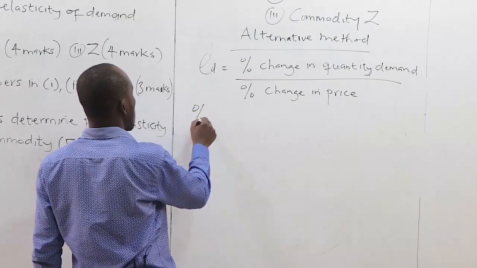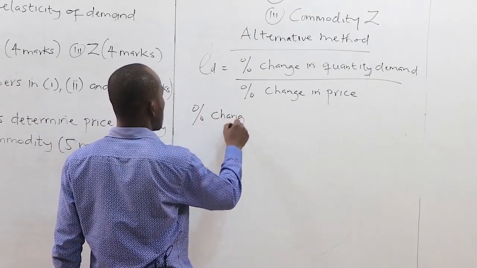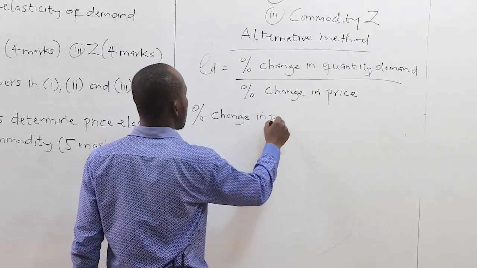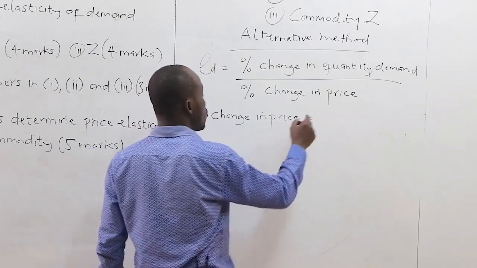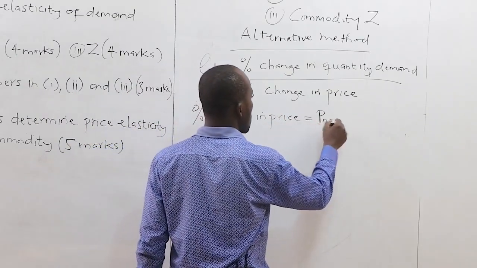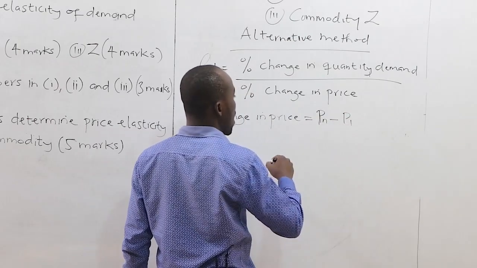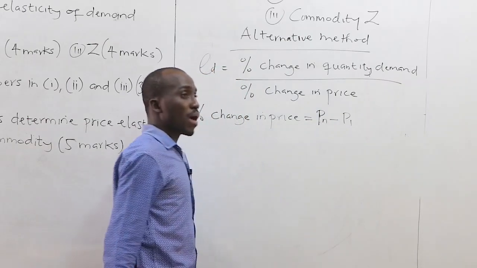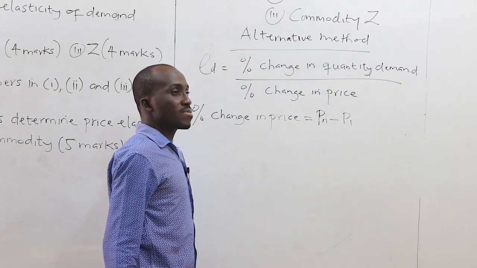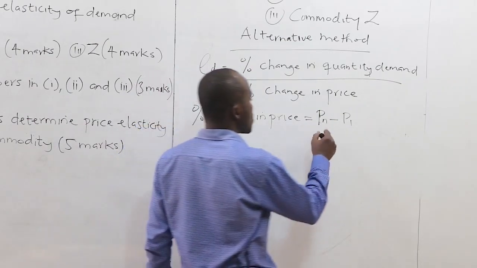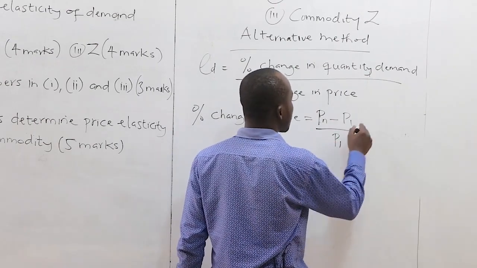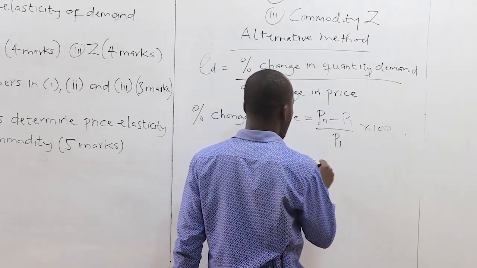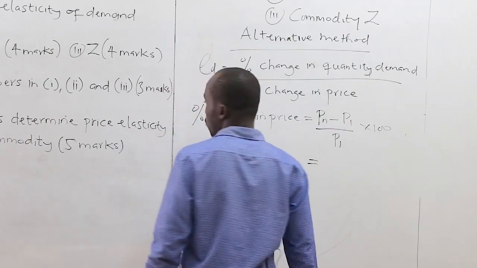The percentage change in price is the new price minus initial price divided by initial price times 100. What's the new price?